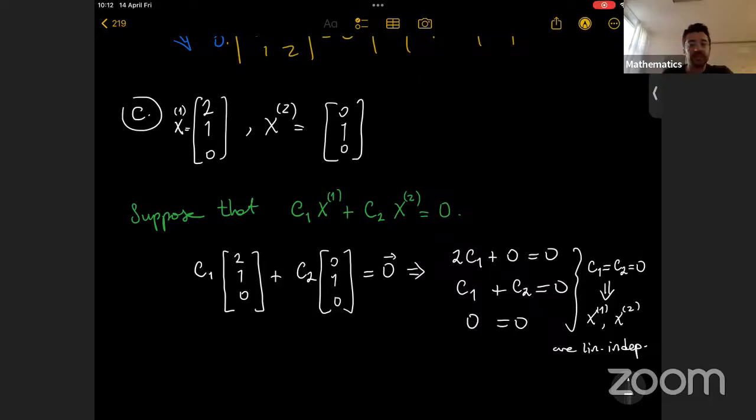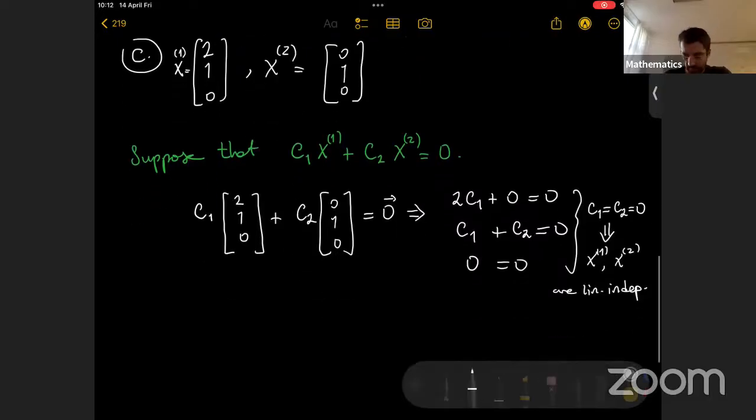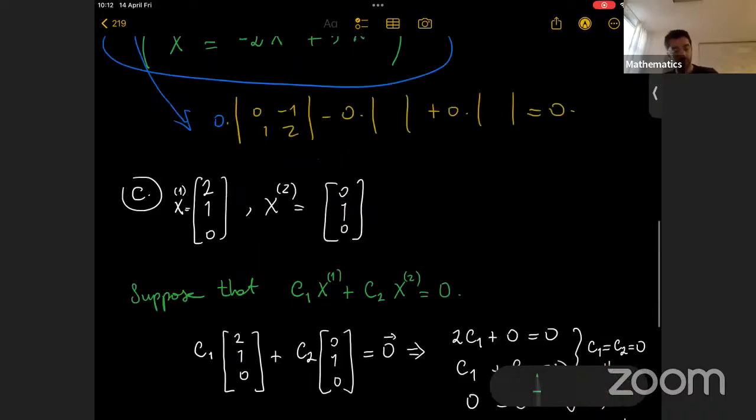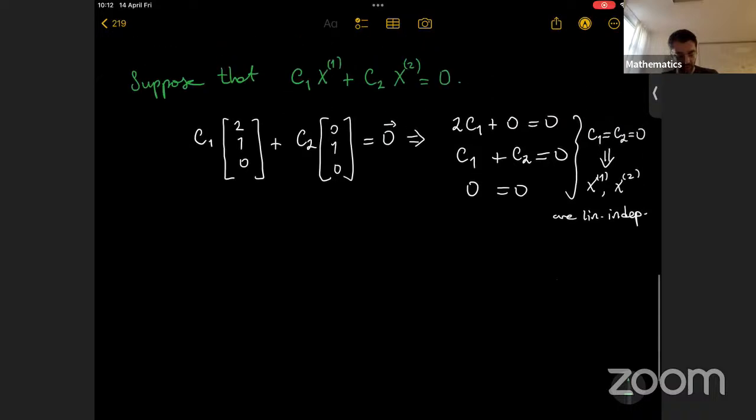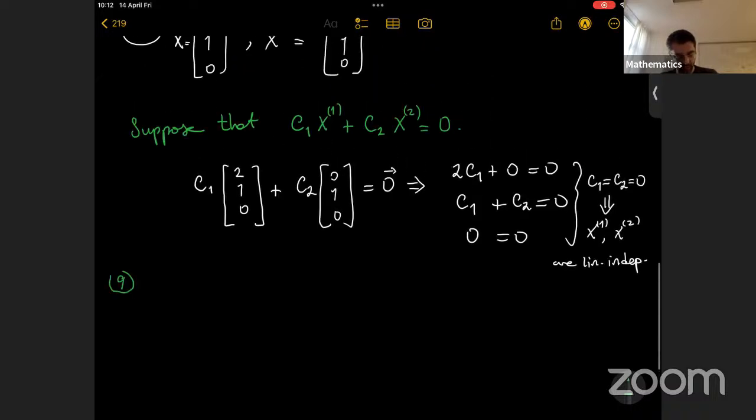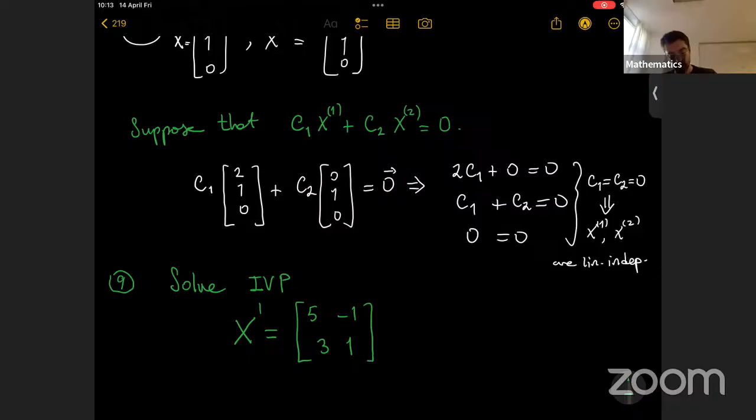All right, let's do a final example. That was number 8, number 9. Let us solve the initial value problem. X prime is equal to the matrix (5, -1; 3, 1) times x, where x is the vector.